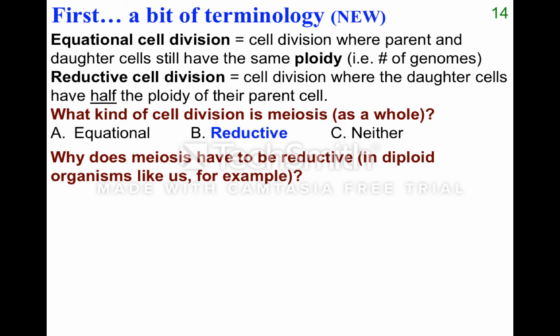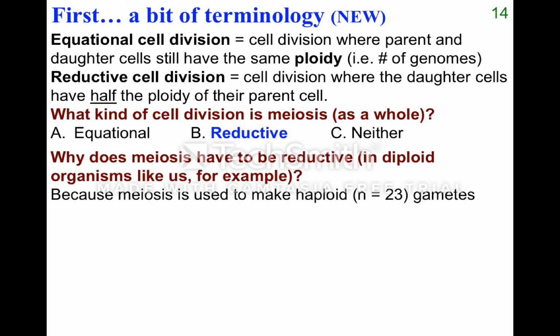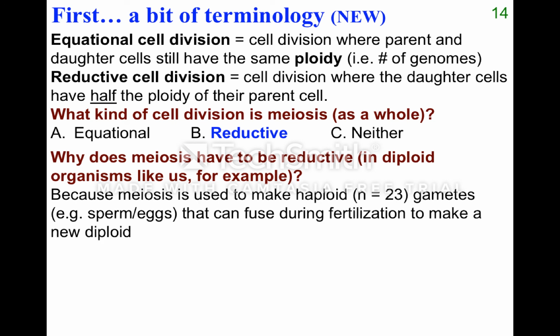Okay, so for diploid organisms like us, we have to have reductive meiosis when we're making gametes because we need to use meiosis to make haploid gametes that have only 23 chromosomes, gametes being the general term for sperm or for eggs. This way, when we fuse a sperm and an egg together to make a new diploid cell, it would only have 46 chromosomes again.